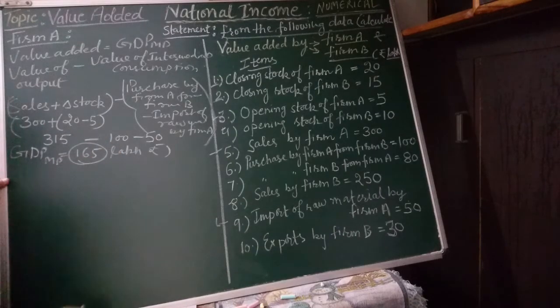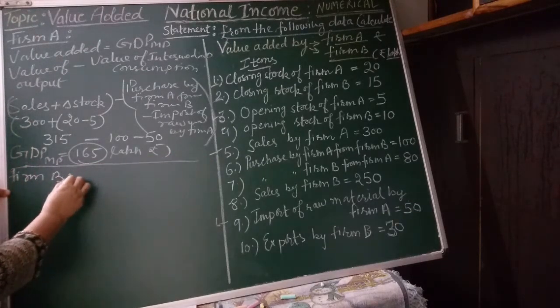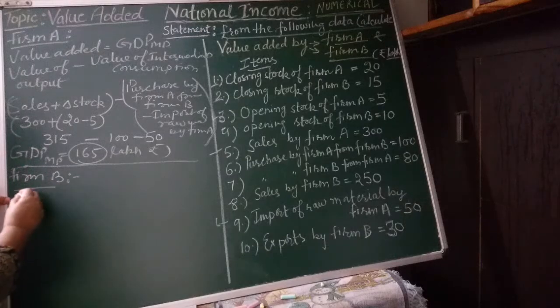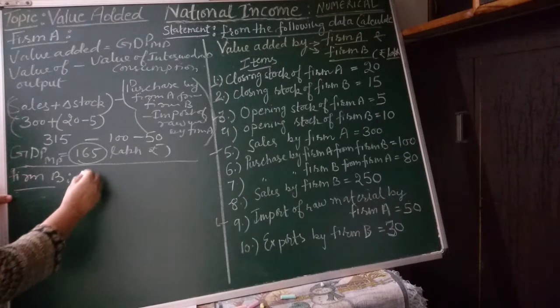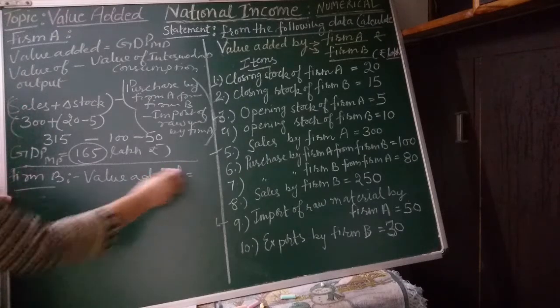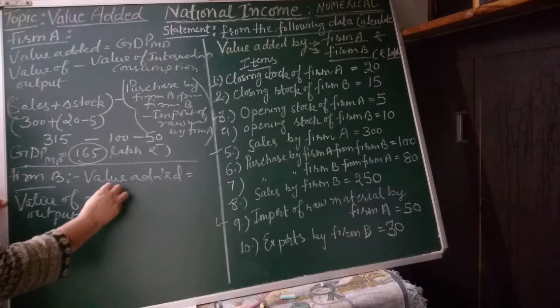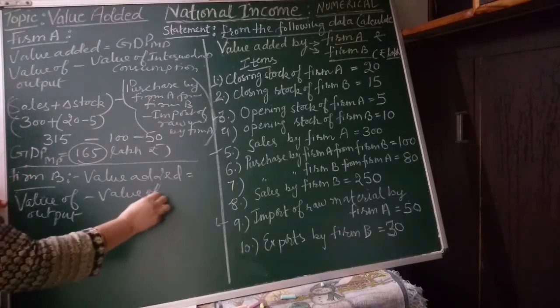Next we have to calculate value added by firm B. Next, firm B. Value added is equal to value of output minus value of intermediate consumption.